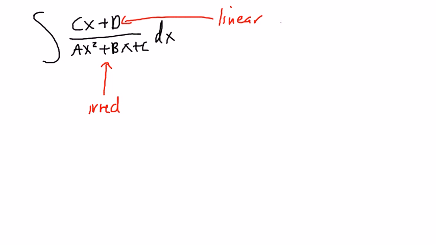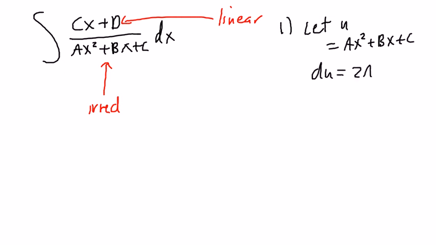What are our steps? The first thing is to let u be equal to that irreducible quadratic. Okay, so then du will be 2ax plus b.